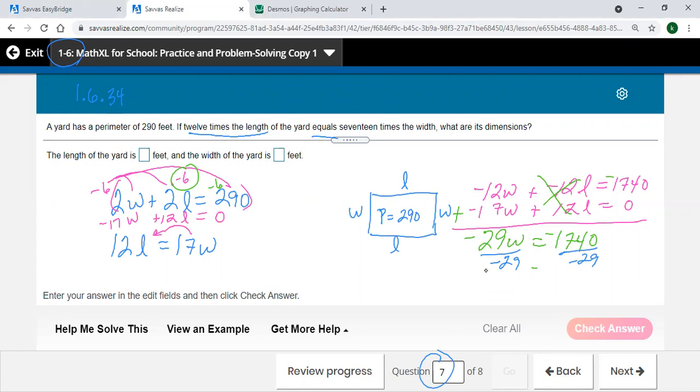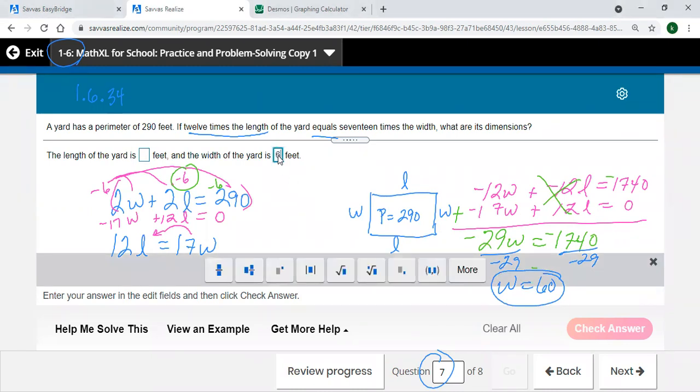So that was my W. So that's my width, right here, 60. See if we can figure the rest of this out logically here.